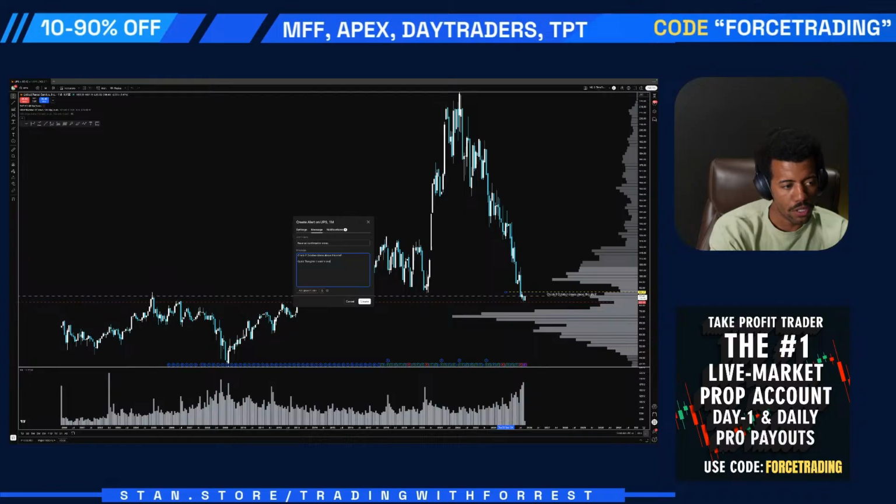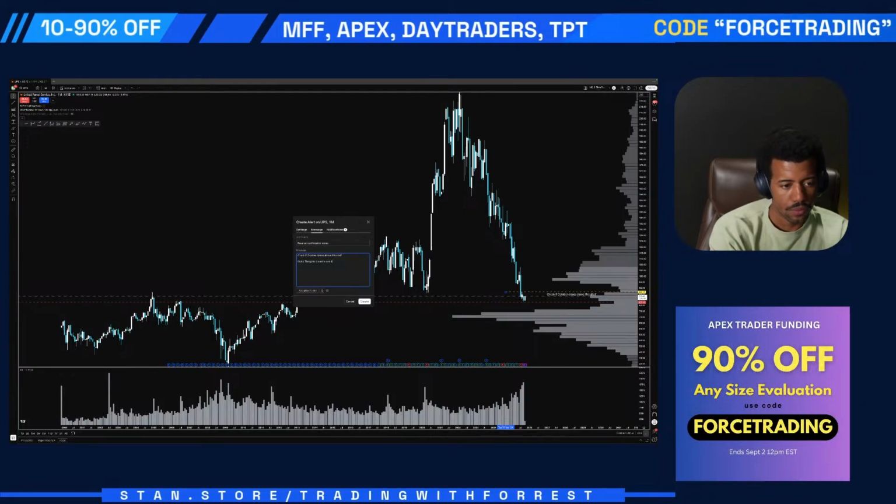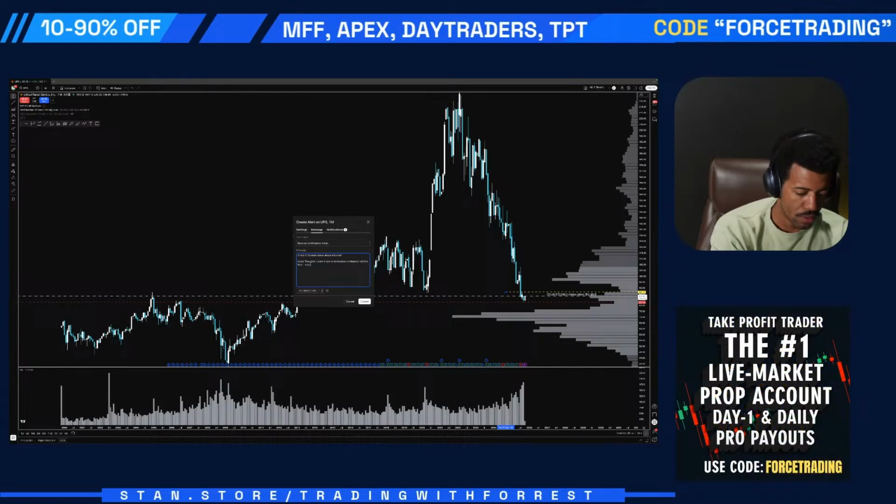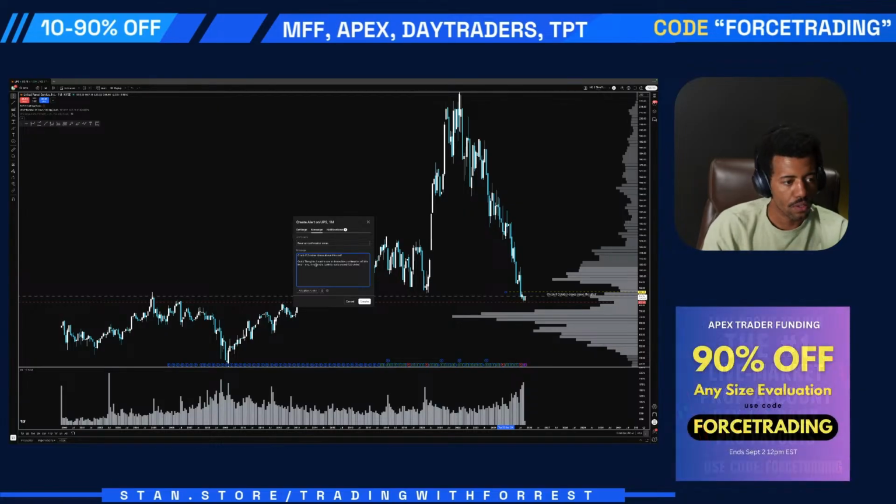I want to see an immediate continuation off this level. Engulfing candle. Look for calls around 120 strike. So I'll look for a little swing play there. See if we get that.